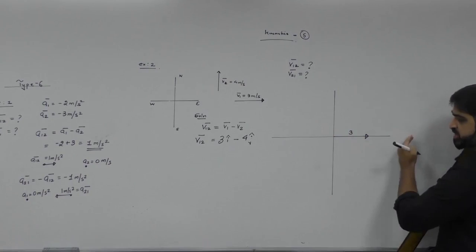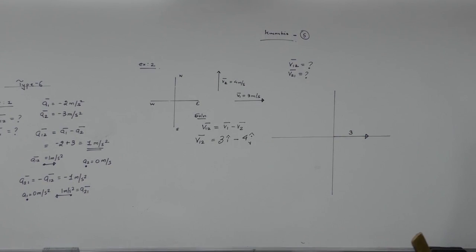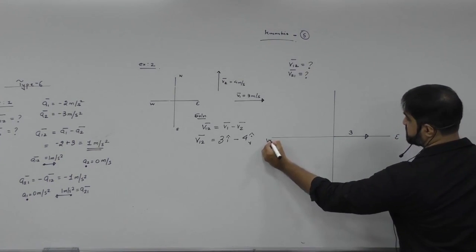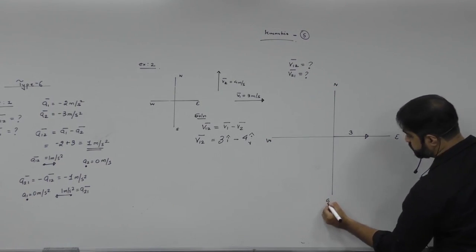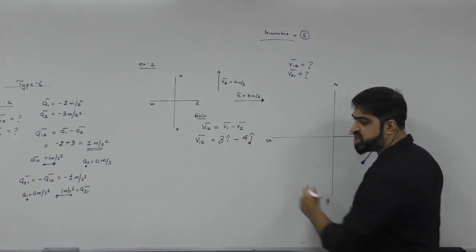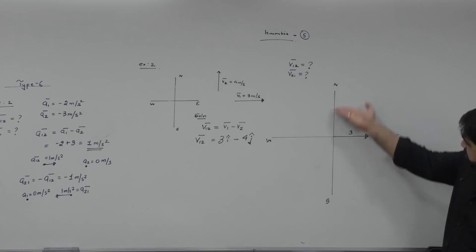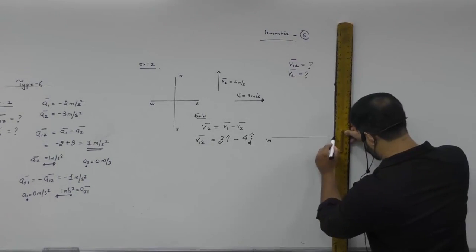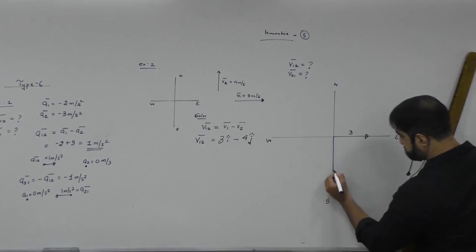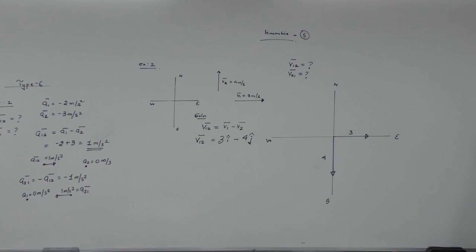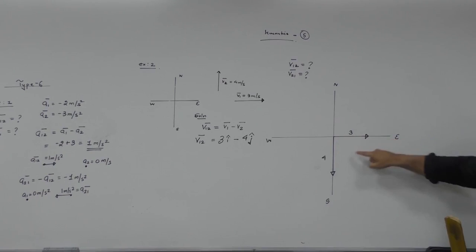Correct? And if I want to plot minus 4 J cap, so 4 J cap is up, but minus 4 will be down. So minus 4 J cap. 4 magnitude down means minus 4. Yes or no? It's 3 I cap minus 4 J cap.